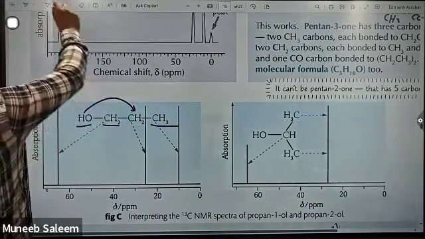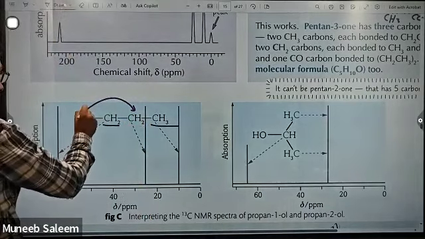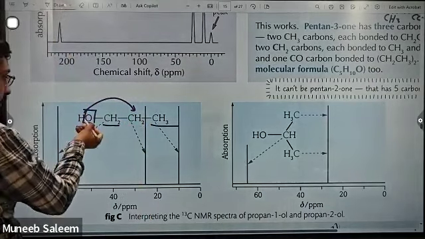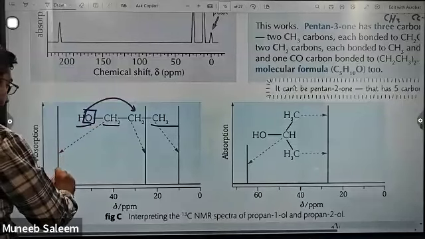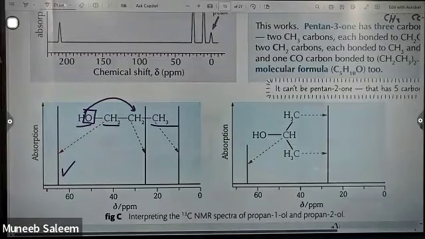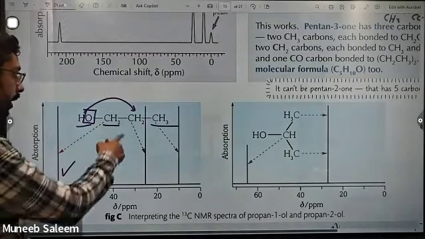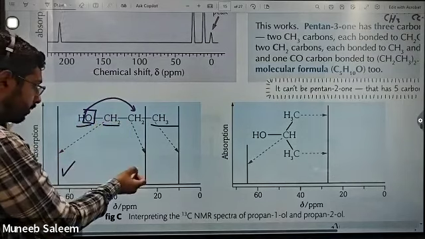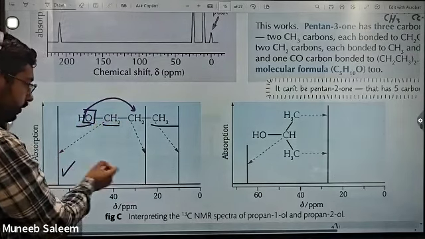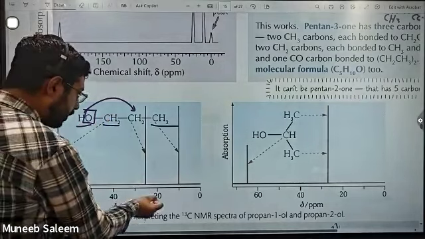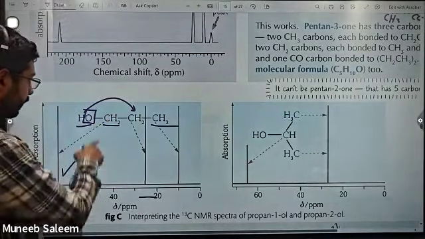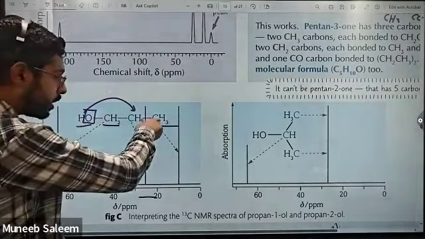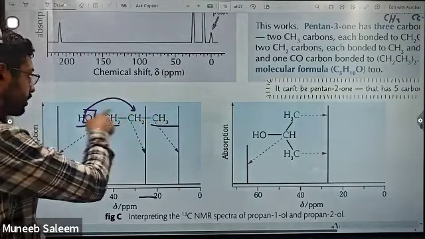The carbon which is bonded directly with a highly electronegative oxygen atom will have a value towards a more shielding value. It is more shielded over here. Now the carbon which is a little far from the oxygen is present over here because it has a smaller value than this one, and the rightmost carbon has in fact more distance from the oxygen.